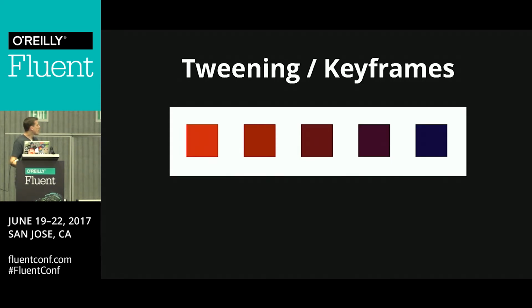Now, this other paradigm is something that goes by the name of tweening or possibly keyframes, right? Both of those names are used in different places. Tweening comes from the word between, right? And the way it works is you define a beginning state and you define an end state.